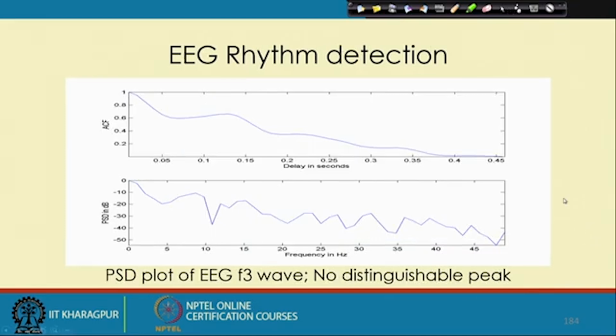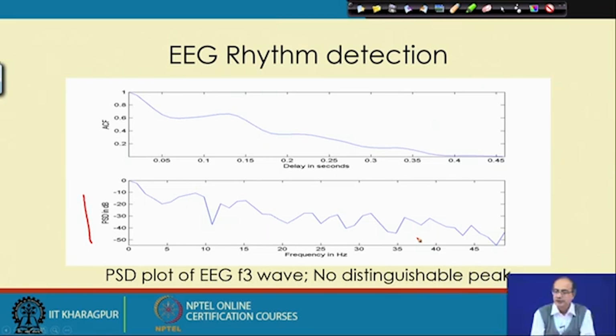We now compute the PSD of that. Here we give the PSD plot, and we get the same kind of nature, a drooping PSD; we do not get any peak. The maximum is at 0 frequency, which only signifies that there is some DC component in the signal, nothing more than that, so we should not consider it a peak.